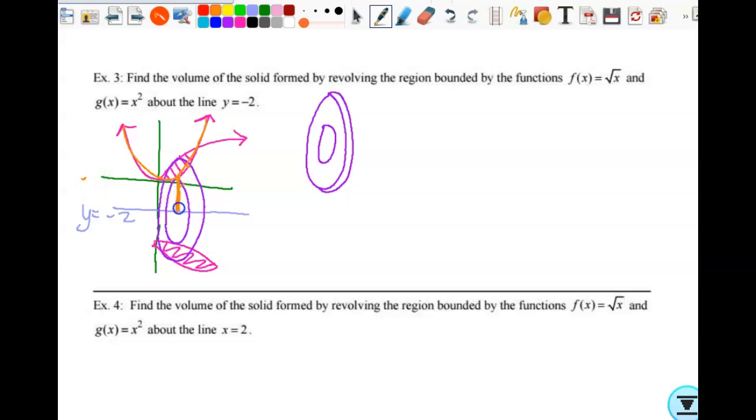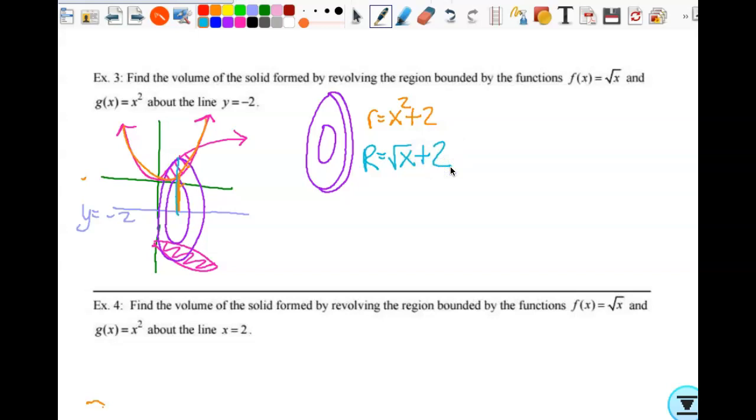And then what do we have to add to it? 2. So it's not really a -2 because it's a distance, right? So this is the square root of x. So our little r is x squared plus 2. Everybody okay with that? All right, so our big R goes from here to here. Yes, so big R is the square root of x plus 2.